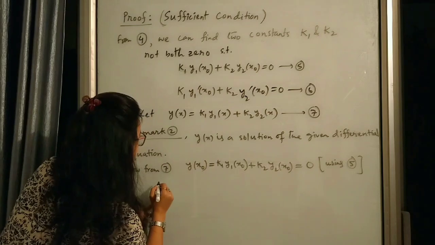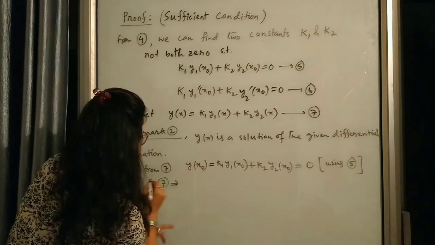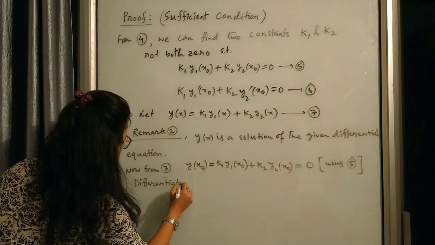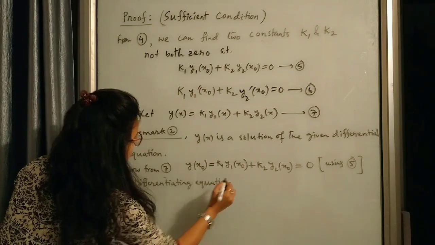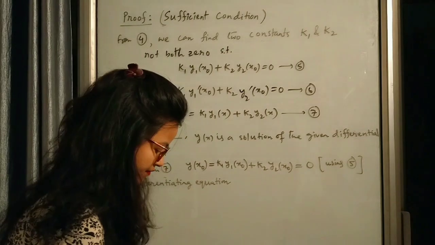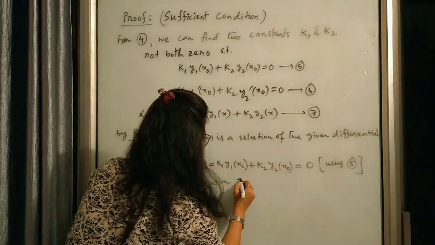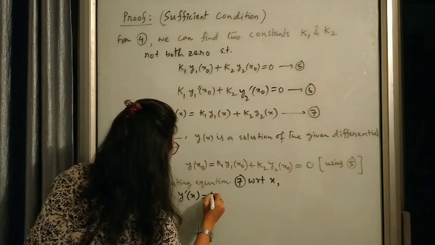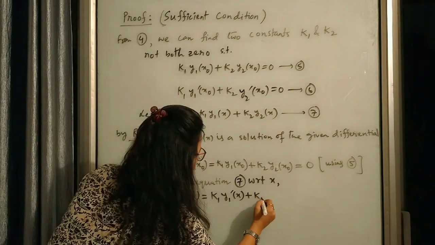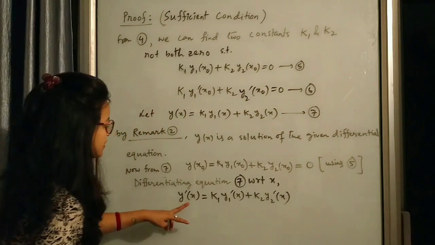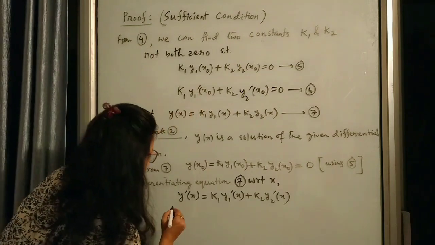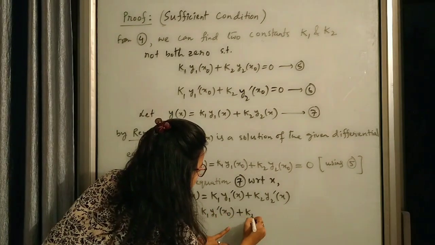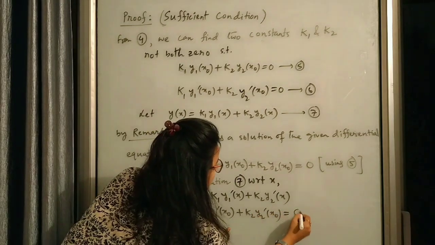Now differentiating equation 7 with respect to x, we have y'(x) is equal to k1 y1'(x) plus k2 y2'(x). Now if we apply equation 6, then we have y'(x0) is equal to k1 y1'(x0) plus k2 y2'(x0) is equal to 0.